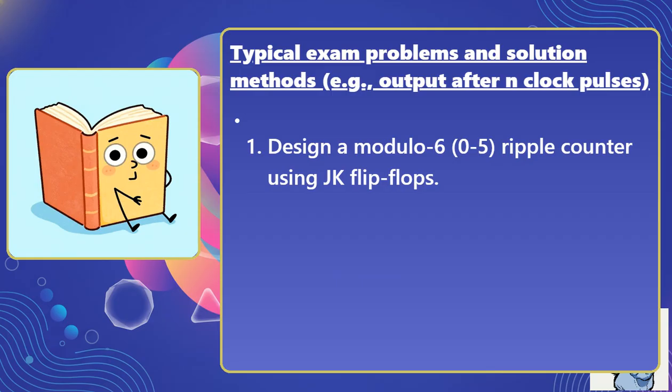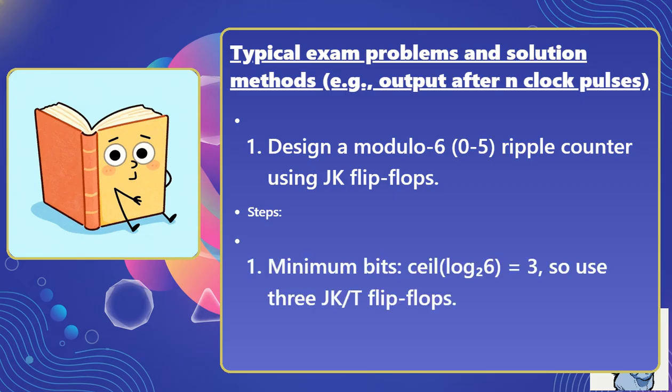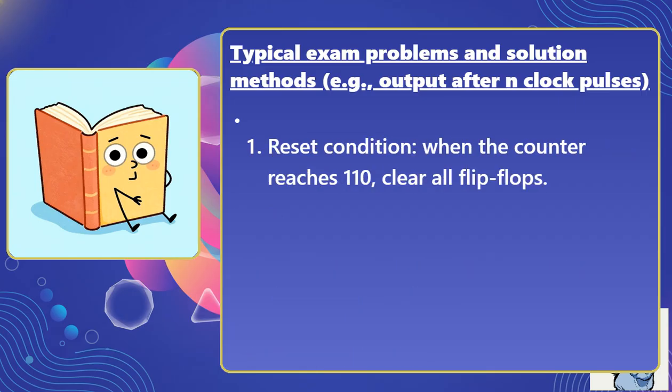2 points. Design a modulo-6 ripple counter using JK flip-flops. Steps. Step 1. Minimum bits equals ceiling of log base 2 of 6 equals 3, so use 3 JK/T flip-flops. Step 2. Binary of 6 equals 110. Step 3. Reset condition. When the counter reaches 110, clear all flip-flops.